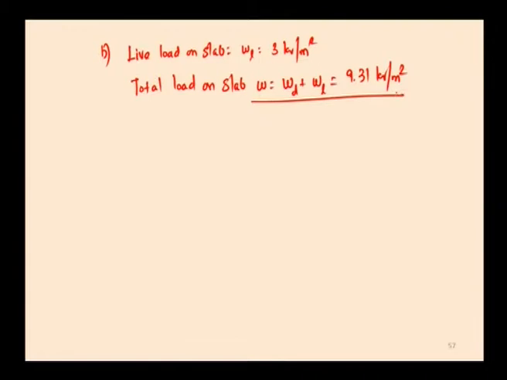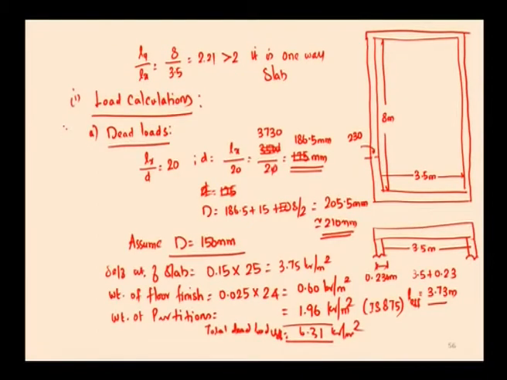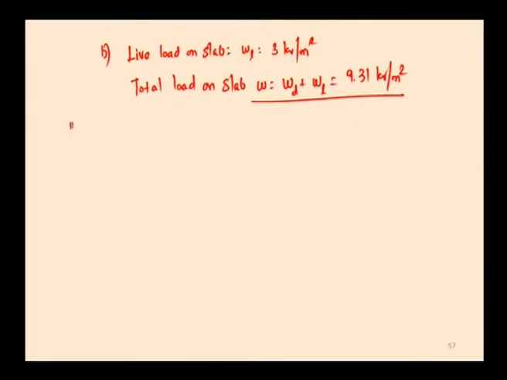Next, we have found the load calculation. Next, second one is the effective span of the slab, and we need to find out the effective span, Leff. Normally, effective span Leff is equal to clear span plus the depth of the slab, which here is 150 mm, that is, we can use the overall depth.